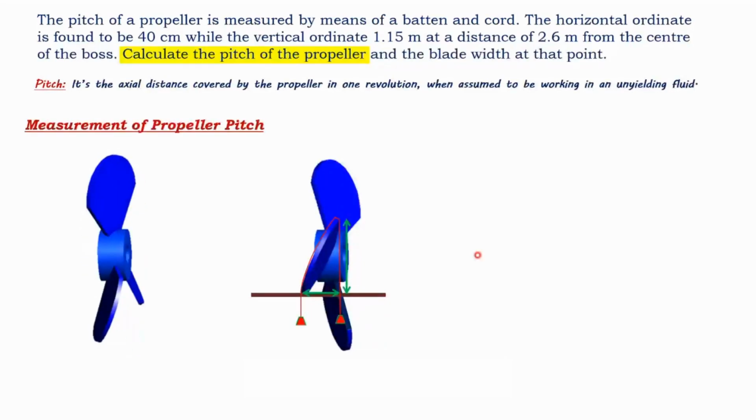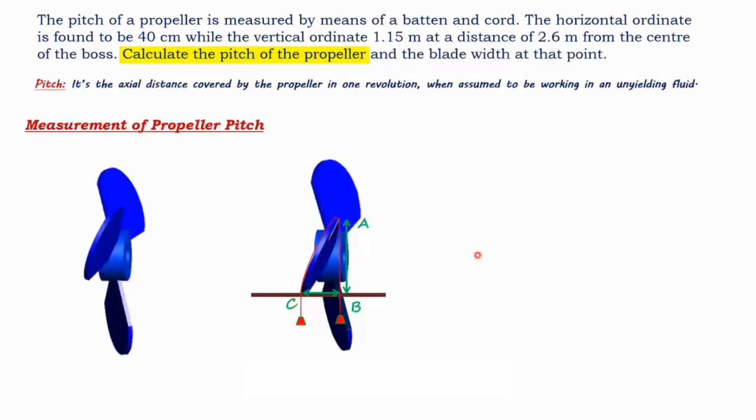These are the ordinates the question is talking about: horizontal ordinate BC and vertical ordinate AB. This is the face of the blade, and AC is a line passing through the face of the propeller blade. This is phi, which is the pitch angle at that particular radius.